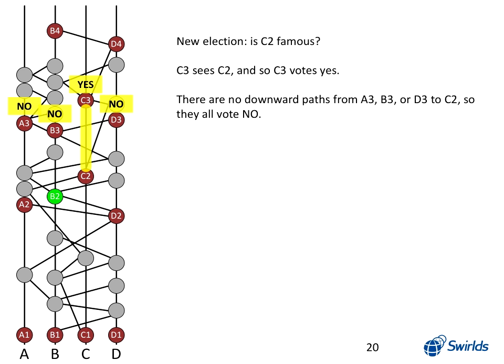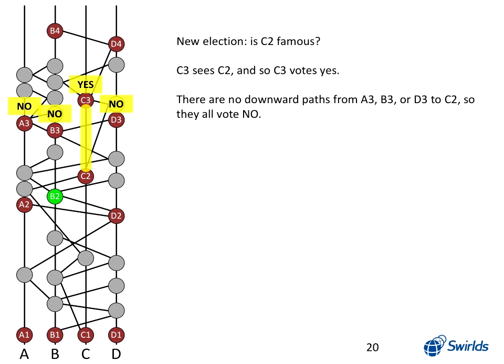So C3 will be yes. Remember, in the first round of a vote, you just do seeing. It's in the next round where you're counting the vote that you do strongly seeing. That's where the red and green paths, and you have lots of paths. But for the first round, it's just single paths. You just say, who can see C2? And right now you can see that C3 sees it and votes yes.